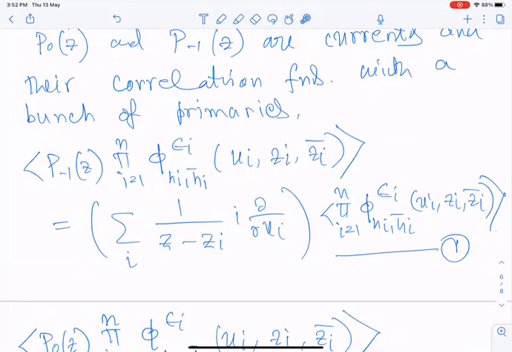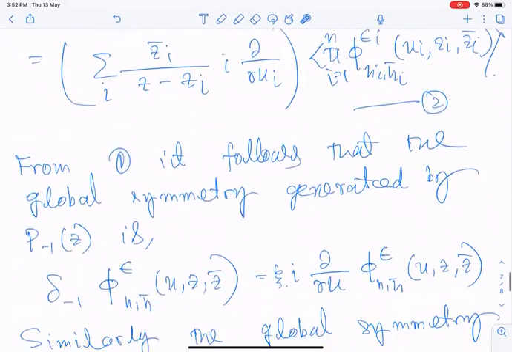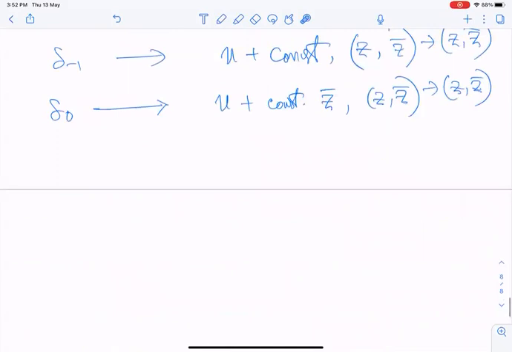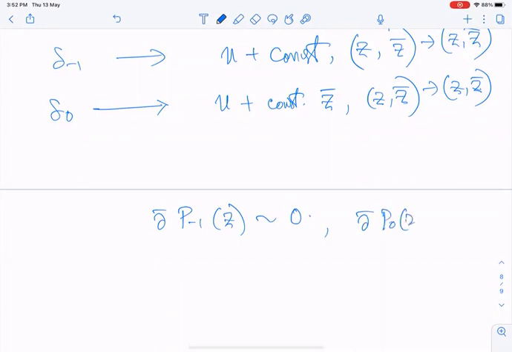There is a pole in z at z minus z_i, where z_i are the points where these primaries are located. From here, you can see that del bar of P_{-1}(z) is actually 0, and similarly del bar of P_0(z) is 0. That is the conservation law.